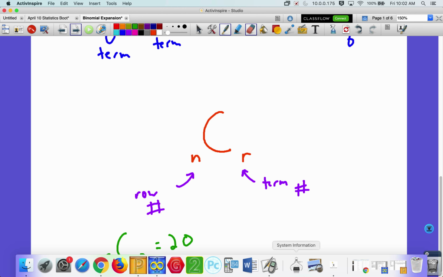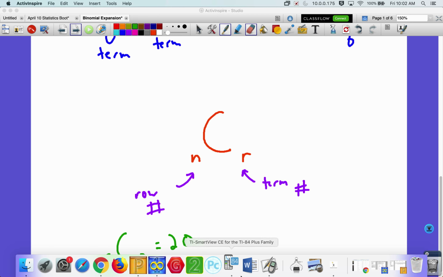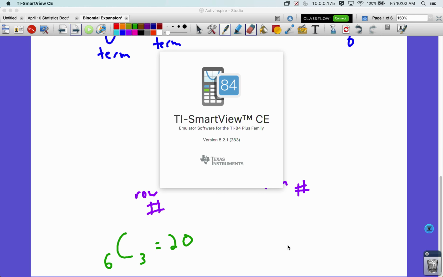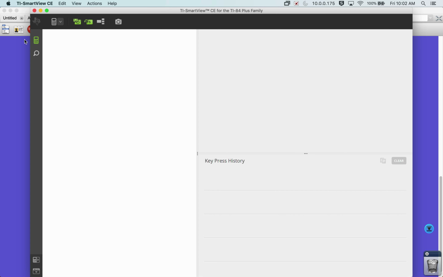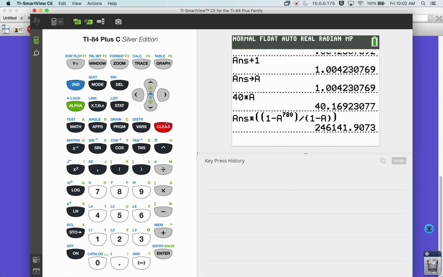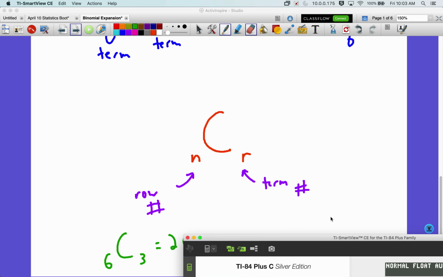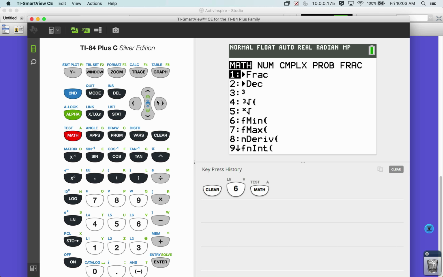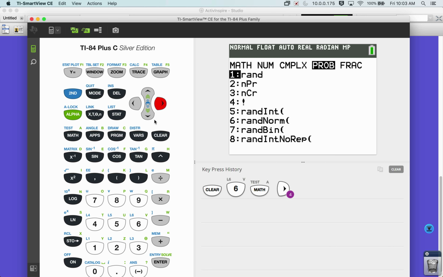I'll show you this is possible to plug into your calculator if you've got a scientific calculator or a graphing calculator. I'll show you where it is on the Texas Instrument. So if I wanted to do 6C3, for example, I type in a 6 and then go math over to probability down to 3.